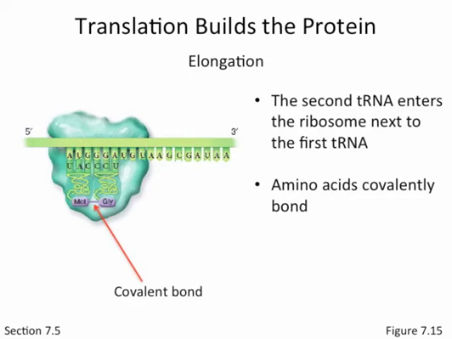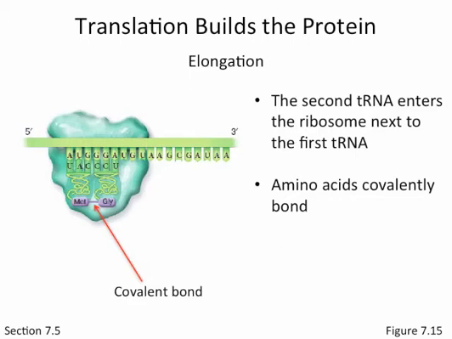Second tRNA will enter the binding site, and if it matches, the amino acids that those two tRNAs are carrying will be covalently bonded. So this next codon, GGA, meets up with the anticodon CCU, and that tRNA brings with it glycine, GLY.